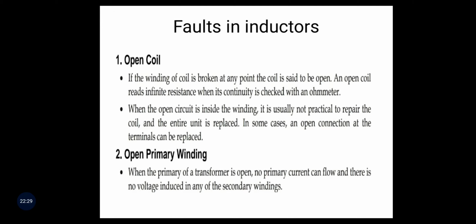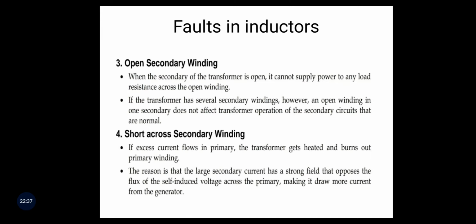If the primary winding is open, then also no current flows. This is a fault of the inductor. And open secondary winding. And last one is short across secondary winding.